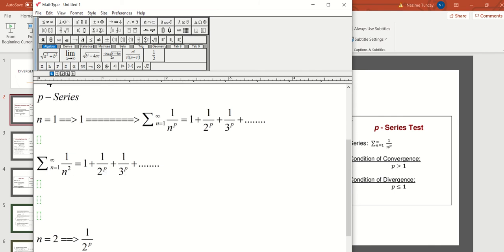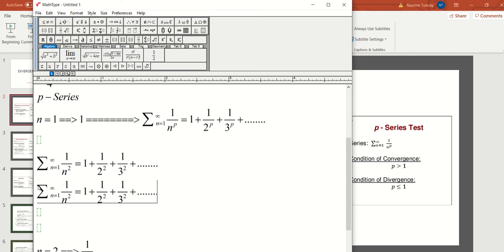Whenever you see a series like 1 over n to the power 3, 4, 5, 6, 7, it converges. Similarly, this converges when it is 3. What it means is that it reaches a number.